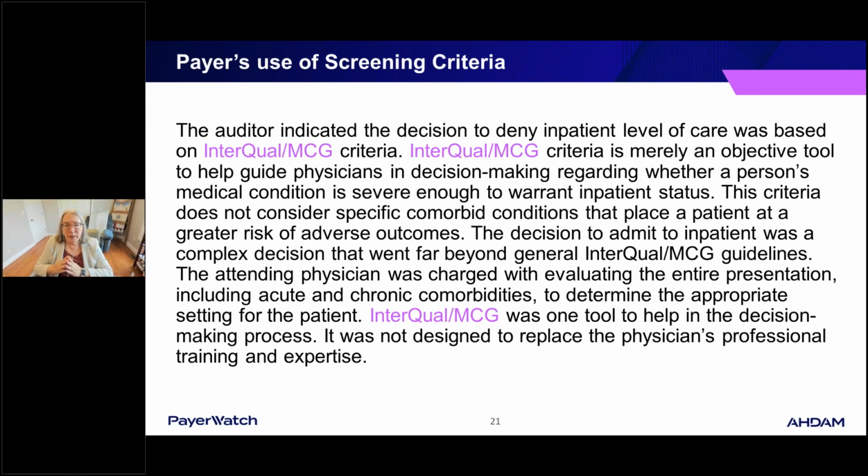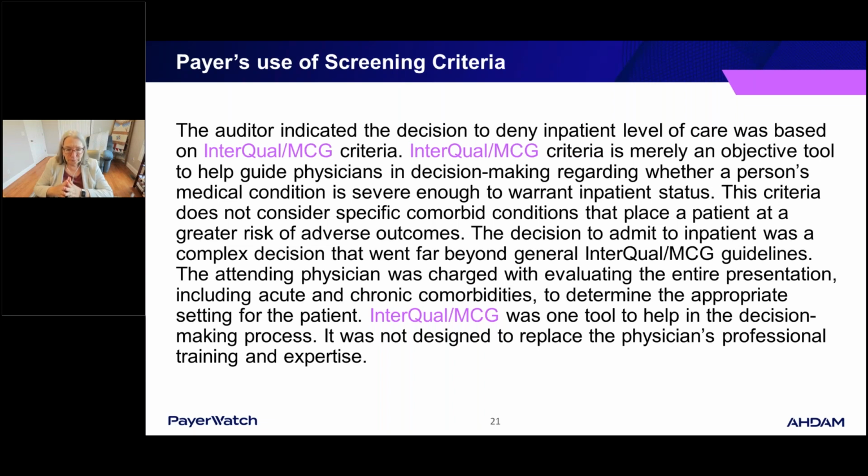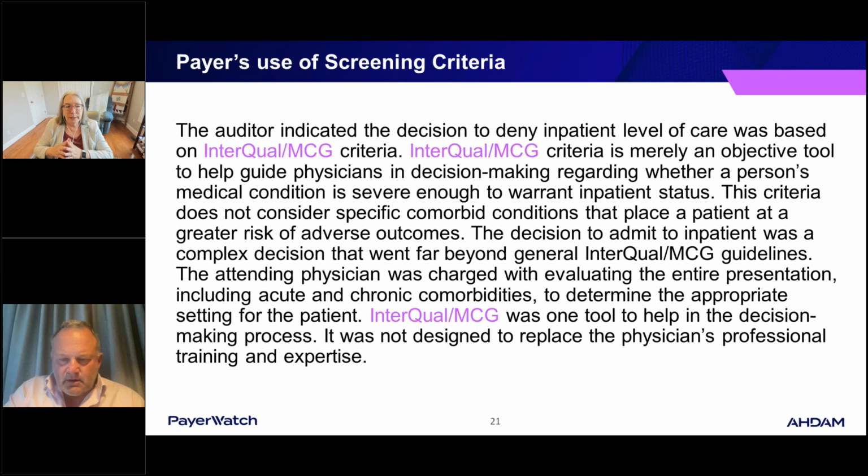You could talk about how it's merely an objective tool to help guide physician decision making. The criteria does not consider, and this is our biggest beef, I know Dr. Smith talks about this a lot, specific comorbid conditions that place a patient at a greater risk of adverse outcome.